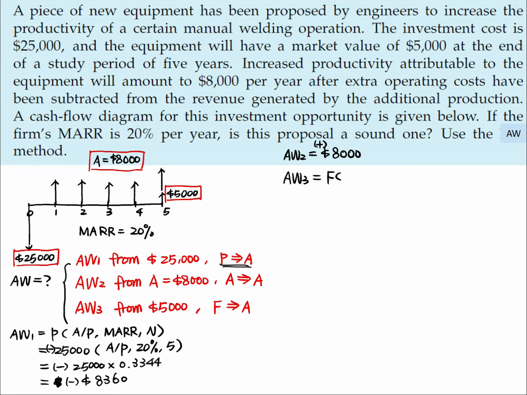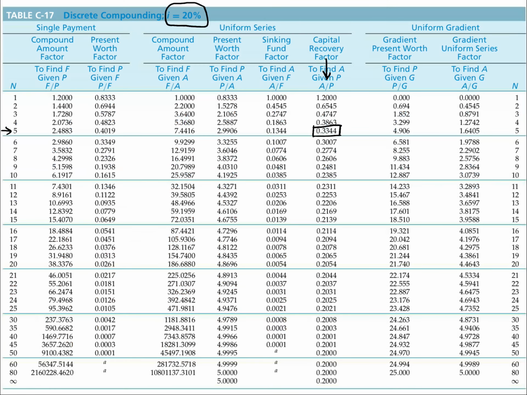AW3 is a future value, which is 5,000. You want to convert that to annuities. So the equation is F times A/F, MARR, and N. The F is 5,000. Again, it is positive. So A/F from the table of 20%, N is 5.